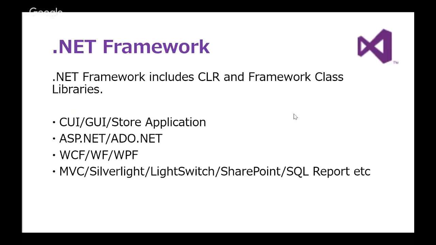So maybe Windows store applications, more like client side, or ASP.NET, ADO.NET, WCF, WF, WPF, MVC, RIA, Silverlight, LightSwitch, SharePoint, SQL Report. We have so many different types of .NET applications, and we provide framework class libraries or an SDK for each platform. Does this make sense?